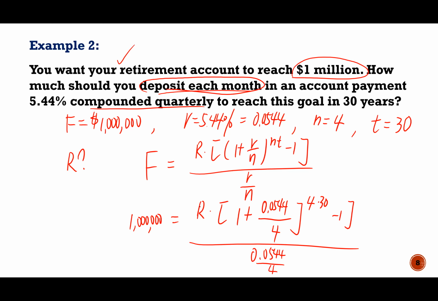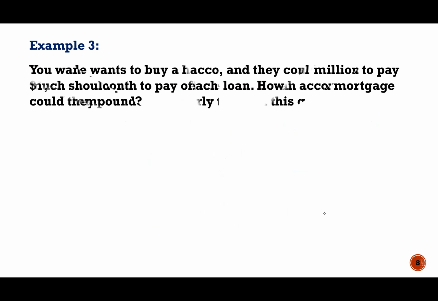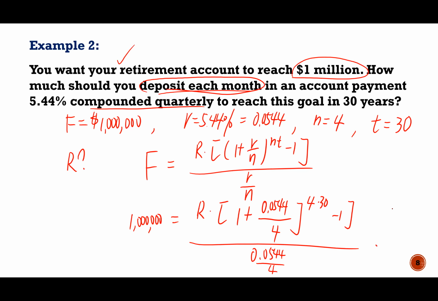What we want to do is multiply by the reciprocal of this fraction. So you multiply by this. It's going to be 0.0544 over 4 that goes on top, right? And dividing by the denominator, which is that.